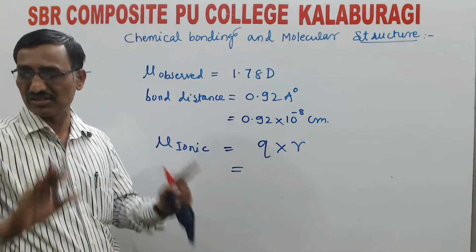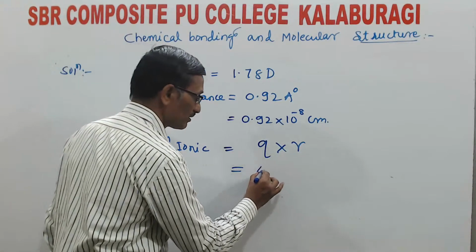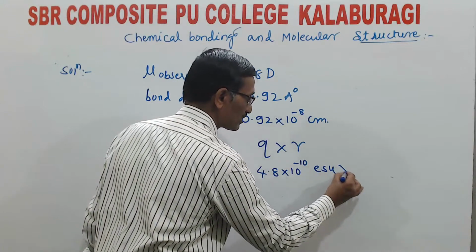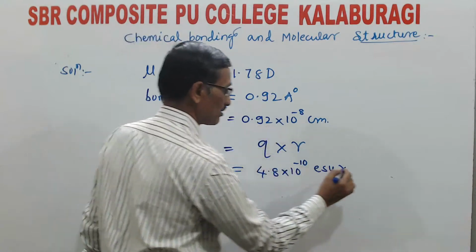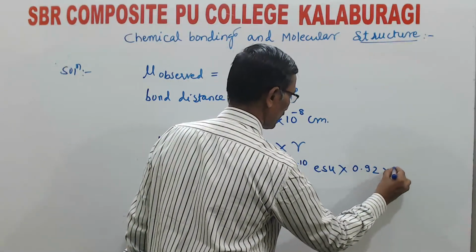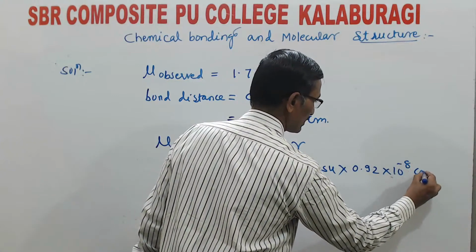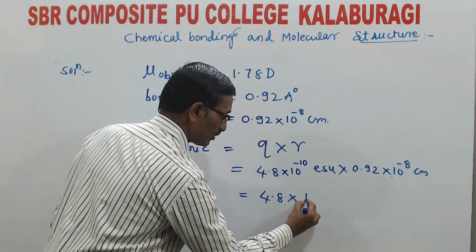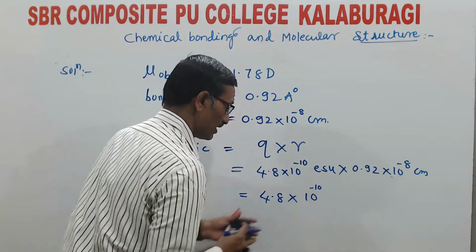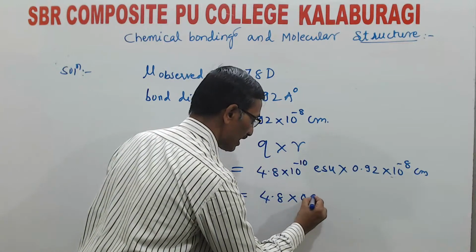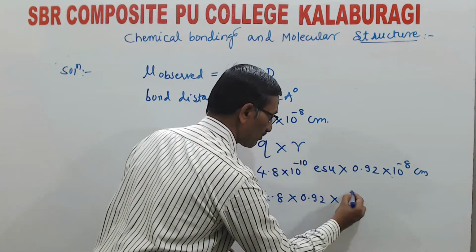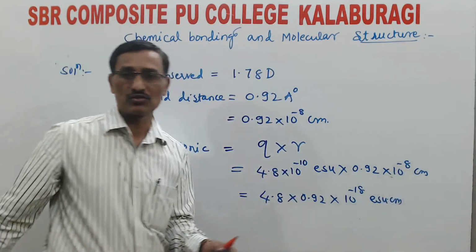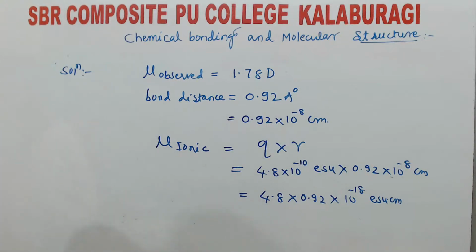In this case, it is 4.8 into 10 to the power of minus 10 electrostatic unit multiplied by the bond distance, 0.92 into 10 to the power of minus 8 centimeter. So this is 4.8 into 10 to the power of minus 10, sorry, here you have to multiply with 0.92. This will become 10 to the power of minus 18 electrostatic unit centimeter.